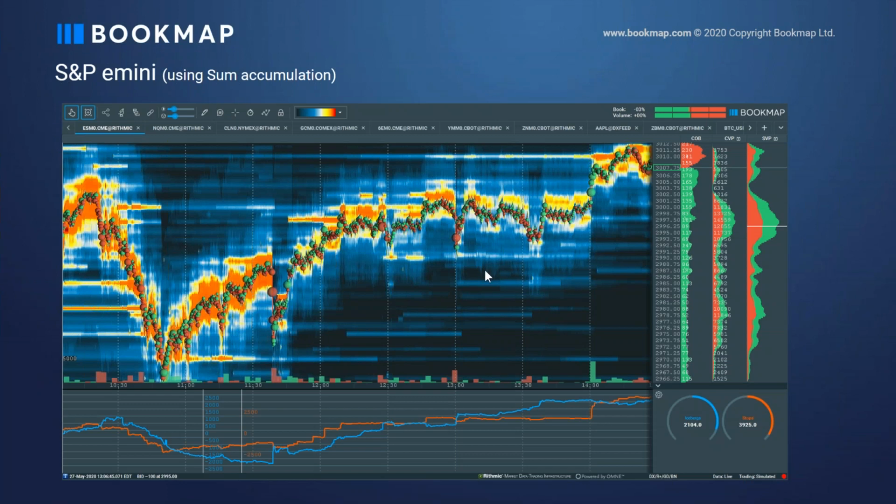Okay, now again, knowing the structure here, but then knowing the order types within this structure is invaluable. It's not some sort of red light, green light signal. You need to understand the order flow. You need to understand what's going on in some of these areas, and then where you want to play this.